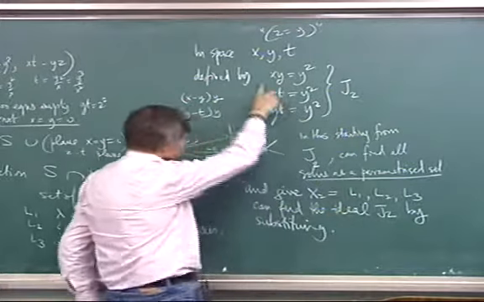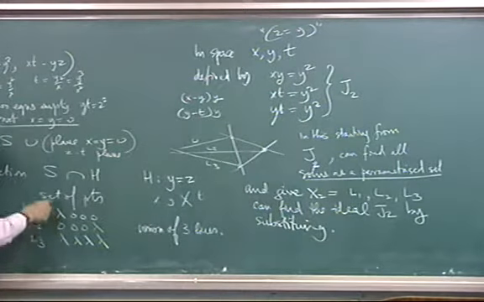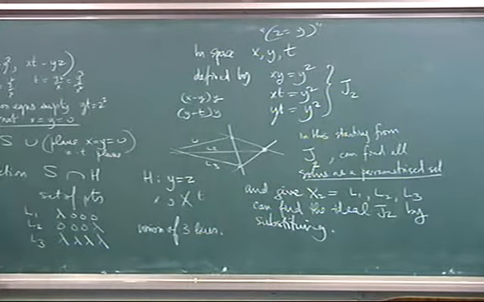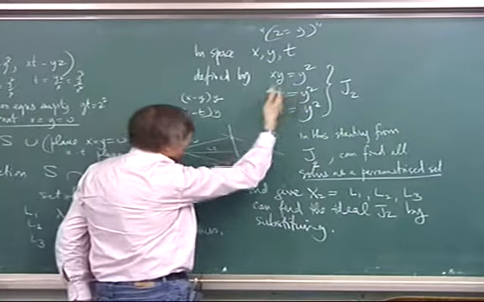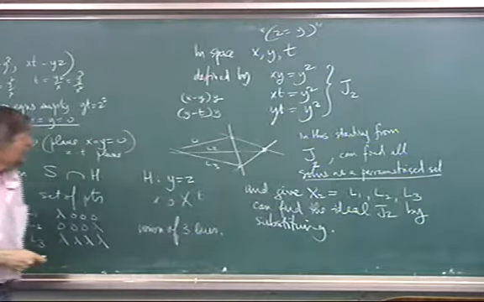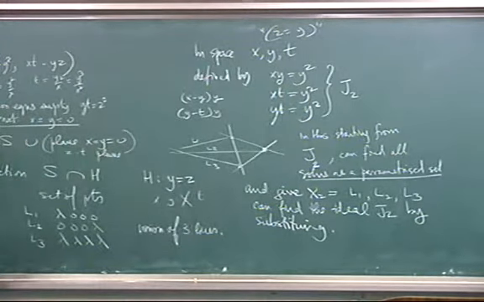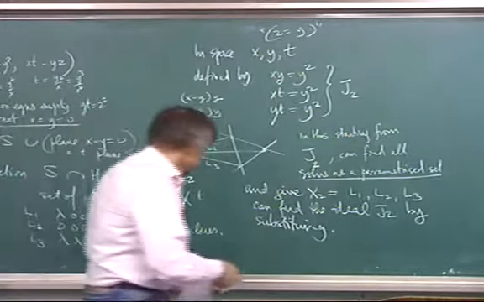If I take polynomials in 3 variables and say they've got to vanish on these 3 lines, then eventually you can persuade yourself that I can subtract off multiples of those 3 to get 0.